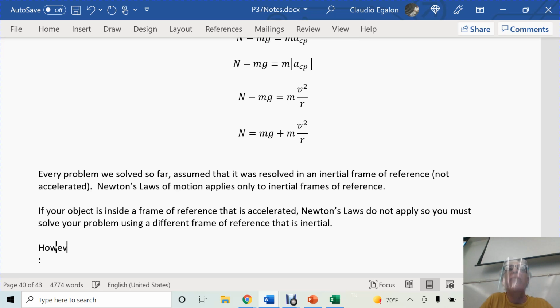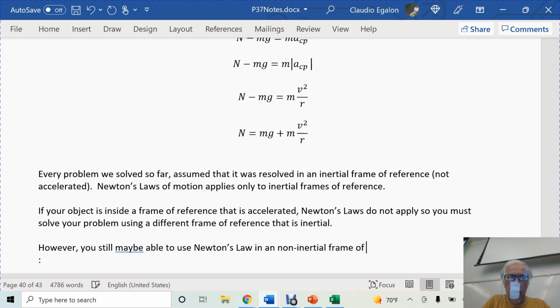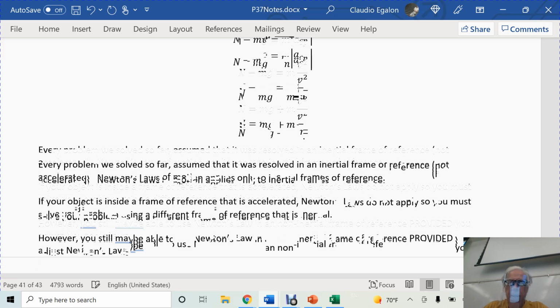You may still be able to use Newton's law in a non-inertial frame of reference, provided you adjust Newton's law. And let me show you how you do that.